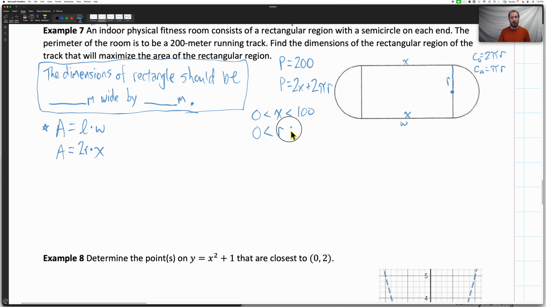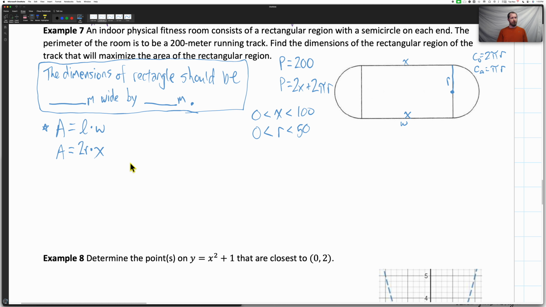It can't be 100. We could probably go smaller than that. Actually, we could say it could go as low as 50, maybe even lower once we get a little further, but it's got to be at least less than 50.